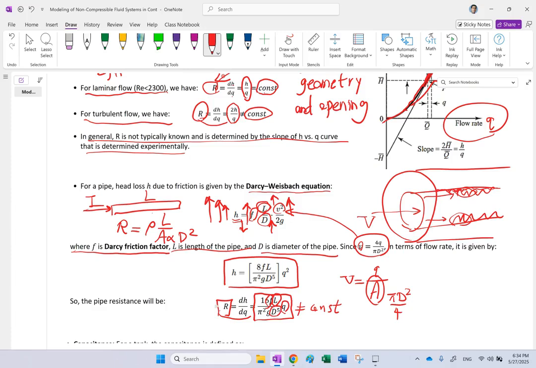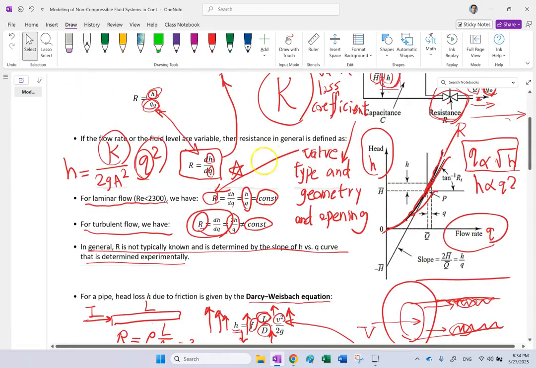Okay, so here is a resistance that you can define for a pipe, and you can also define a general resistance for a valve, which, as I said, you can define from here.